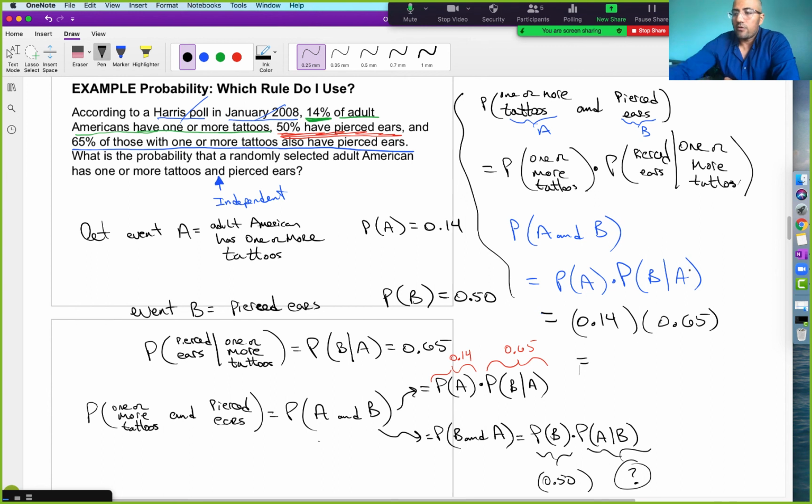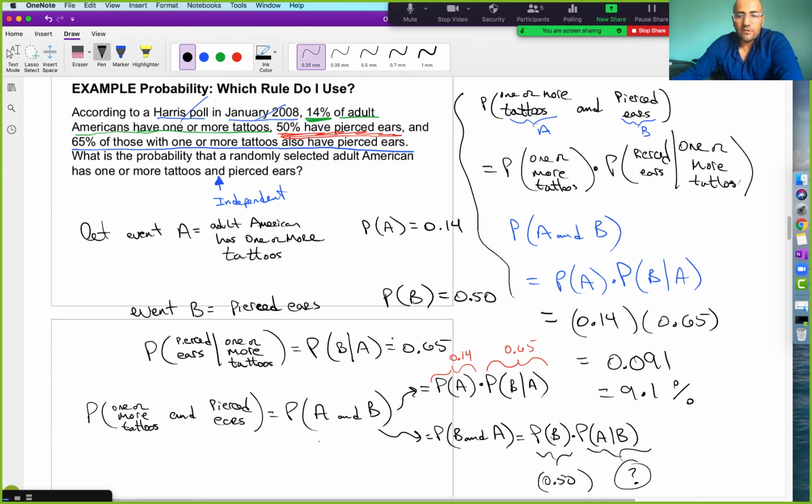If we multiply those two things together, 0.14 times 0.65, we get 0.091, which turns into 9.1%.